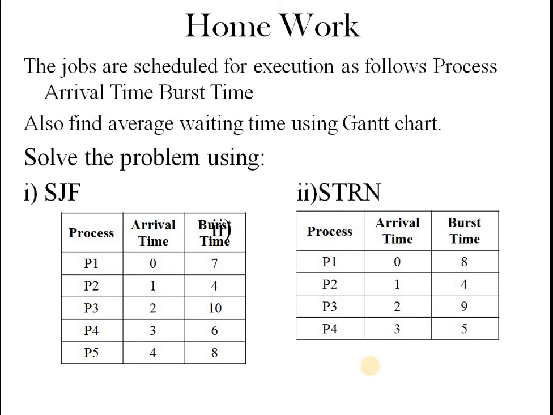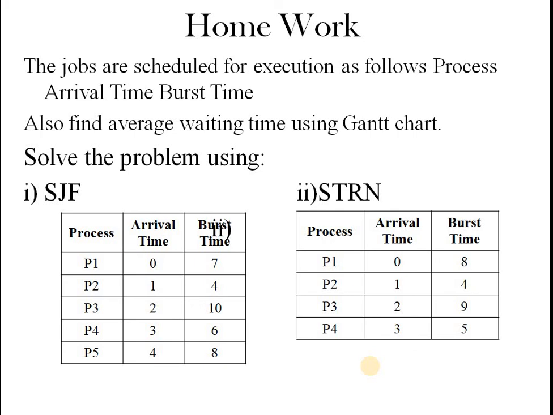In non-preemptive SJF, the process which has the smallest burst time executes first. In preemptive SJF, the currently running process will stop when a newly entered process has a smaller CPU burst time. That is the concept of non-preemptive and preemptive.